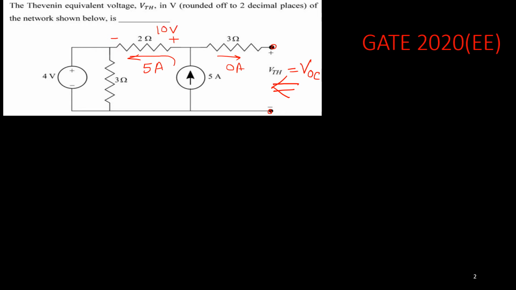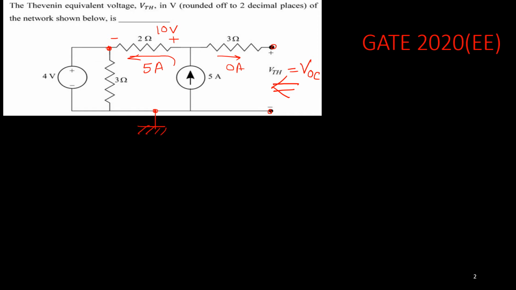Now, if I consider this node, this is the ground one. With respect to this end, this potential is 4 volt, because between these two nodes there is only one 4 volt source, and there is no series resistance. So there is a pure voltage source between these two nodes, and this potential is 4 volt.